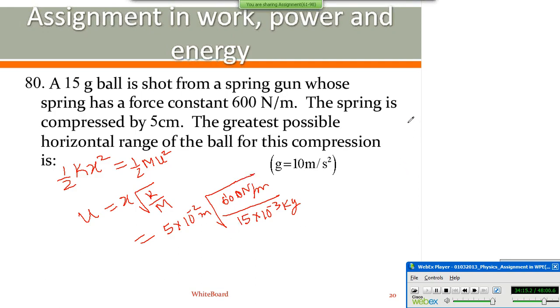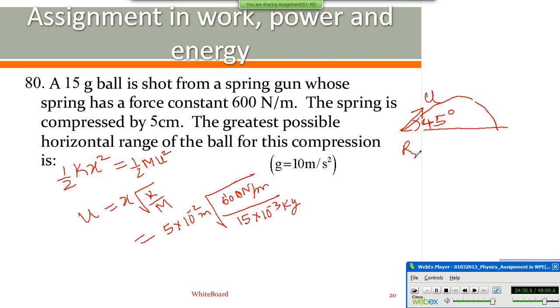You can simplify this. So for a given initial speed of projection, as we discussed in the theory of projectile motion, the horizontal range of the projectile will be maximum when the angle of projection is 45 degrees above the horizontal.